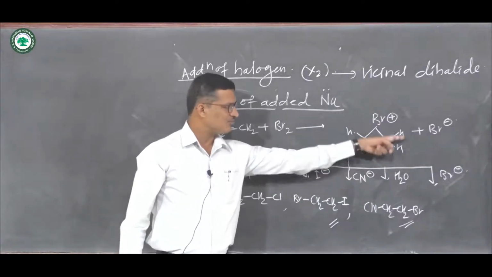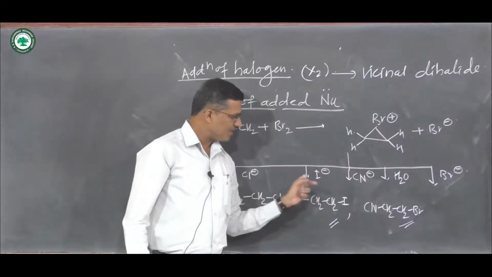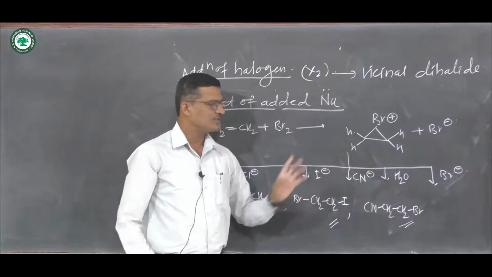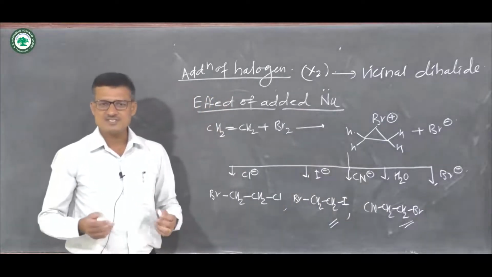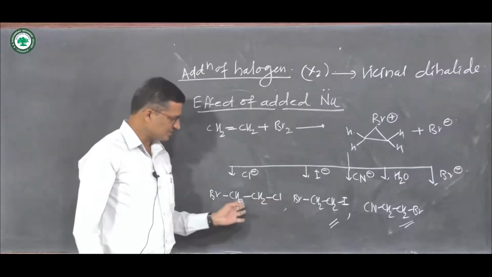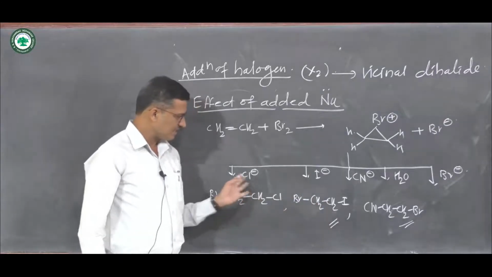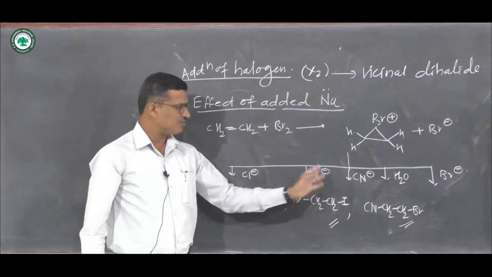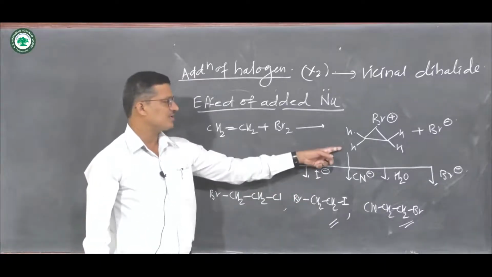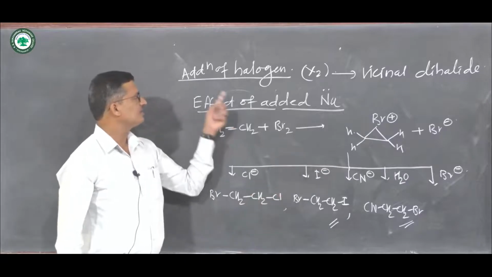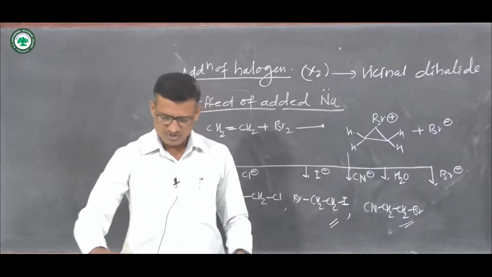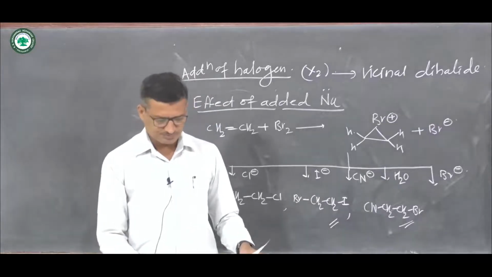When the cyclic bromonium ion is formed and we add various nucleophiles, these nucleophiles open the cyclic bromonium ion ring system, and different types of products form. This indicates, or supports, the formation of the cyclic bromonium ion in the halogen addition reaction, or halogenation.